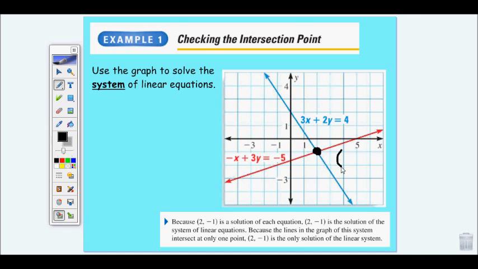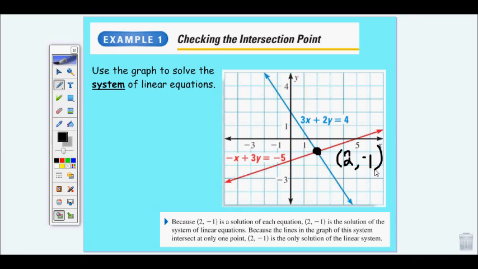I went over 2 on my x-axis and I went down 1, so negative 1 on my y-axis. So that means that coordinate point will satisfy both of those equations. Now I can check that by substituting it in.